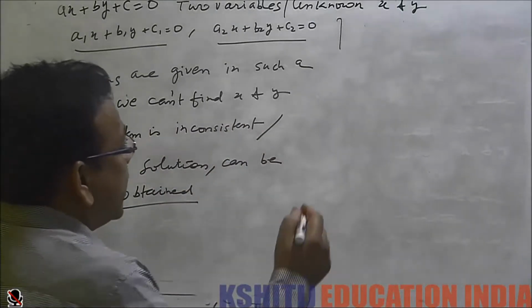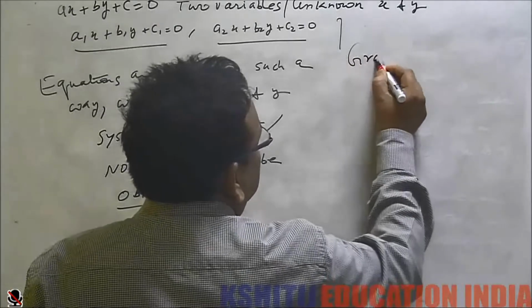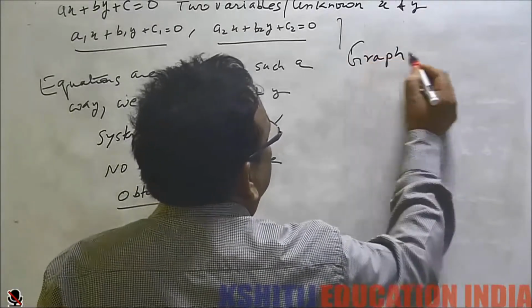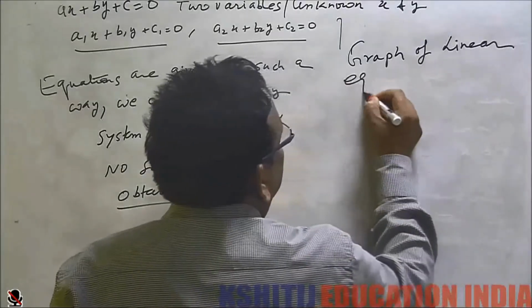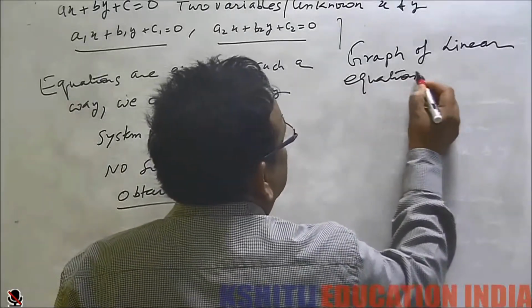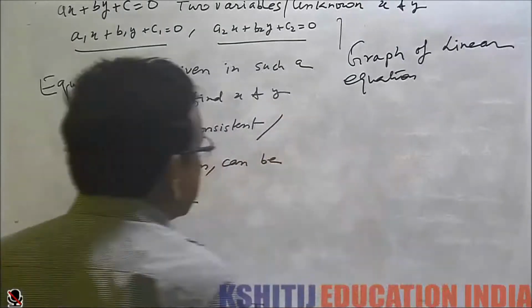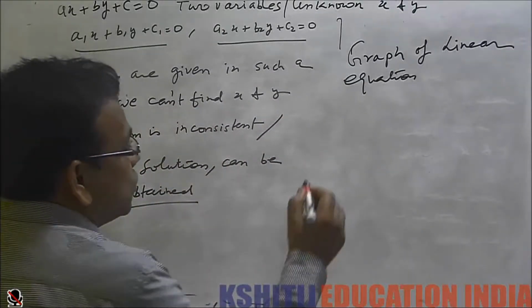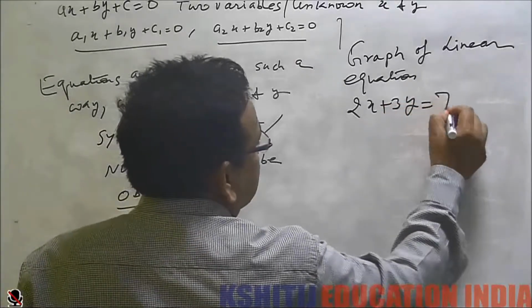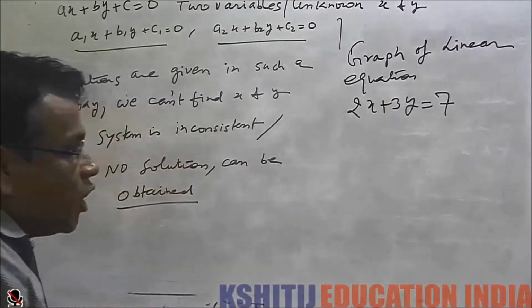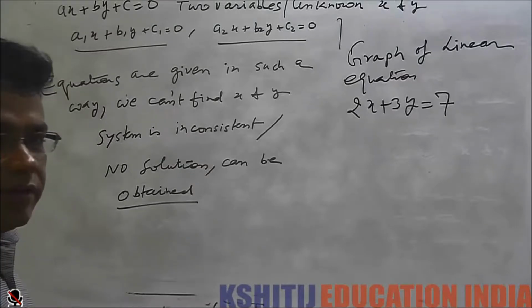So how do we do the graph? This you would have studied in 9th standard. The equation is given to you, let's say 2x plus 3y is equal to 7. How do we draw the graph?